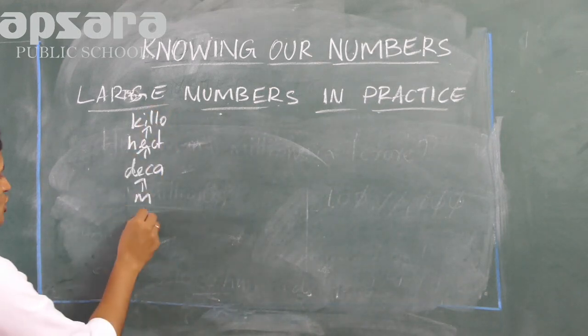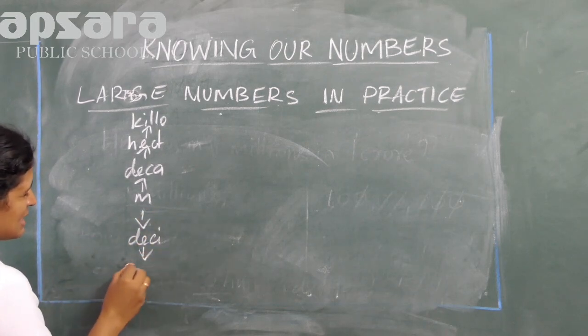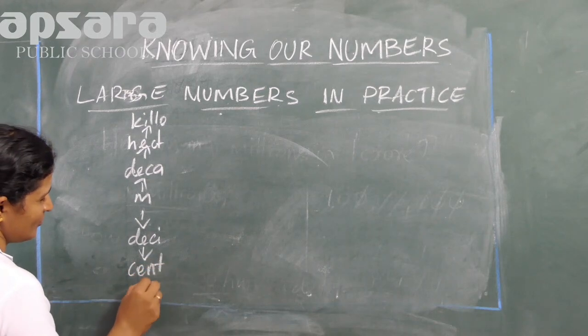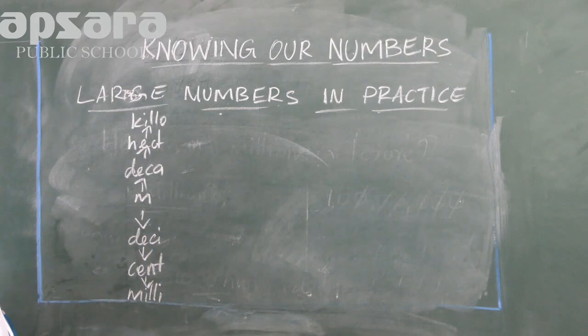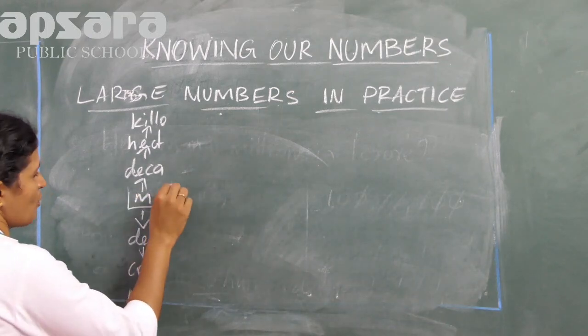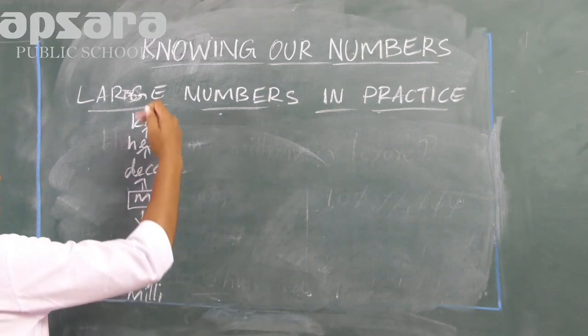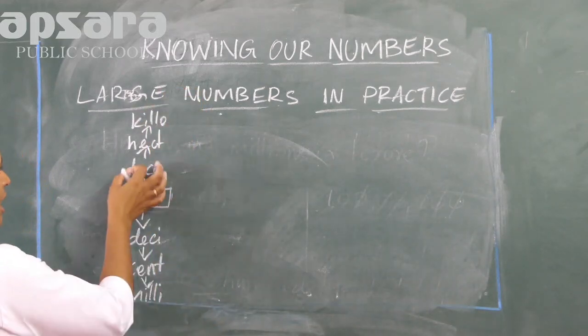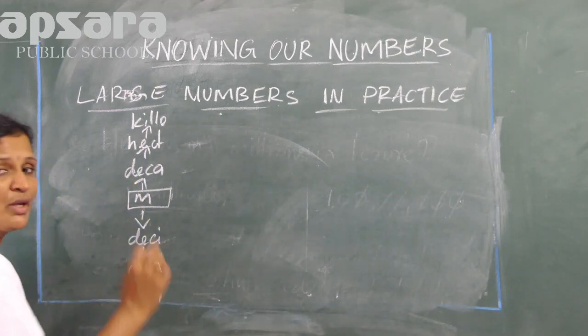Next, the lower units of meter: decimeter, centimeter, next millimeter. Okay, so the basic unit for measuring length is the meter, and the upper scales of meter are deca, hecto, kilo, and the lower scales are deci, centi, milli.